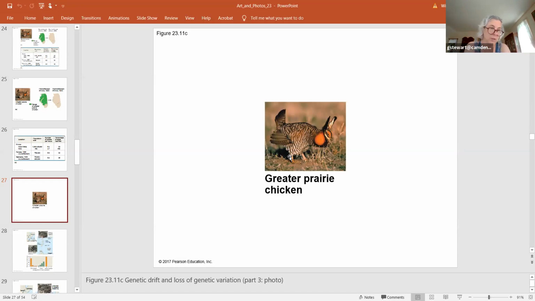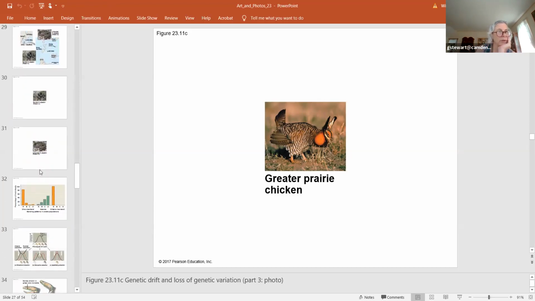And so experiments have been done that have increased the gene pool in the wild cheetahs by using artificial insemination of wild cheetahs with zoo cheetahs, because the zoo cheetahs had not gone through the same bottleneck, and they had different alleles for their characteristics, and it's actually helped the wild cheetah population.